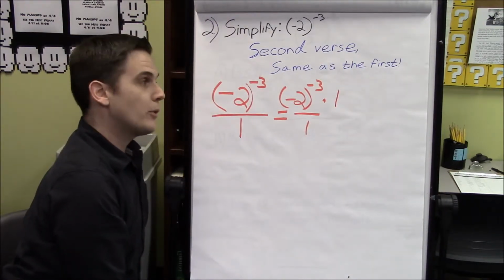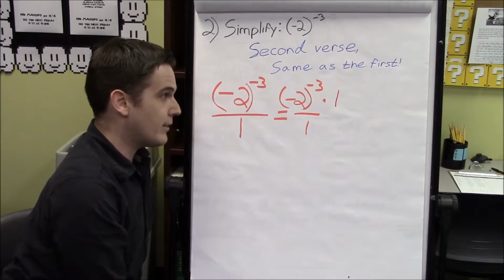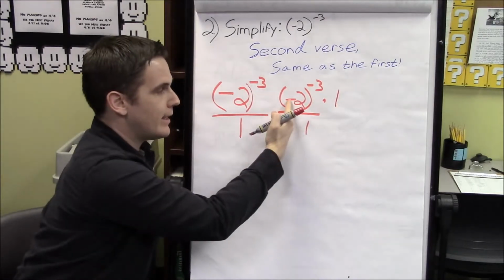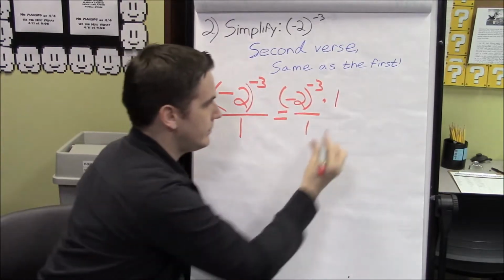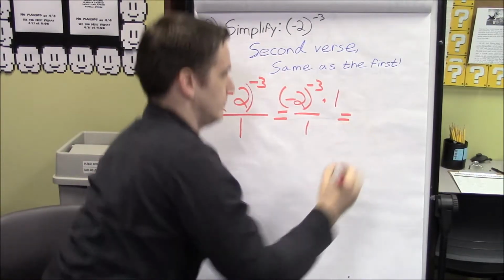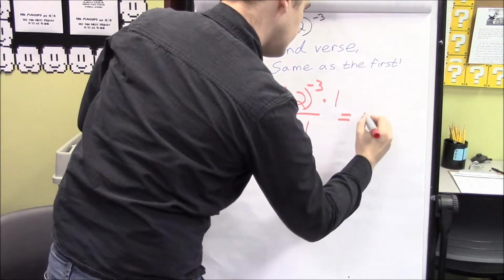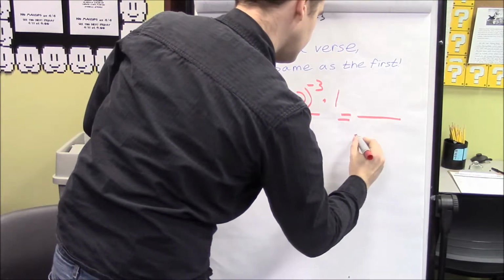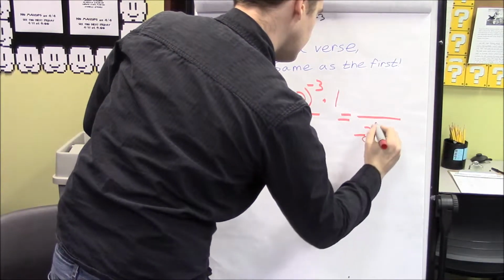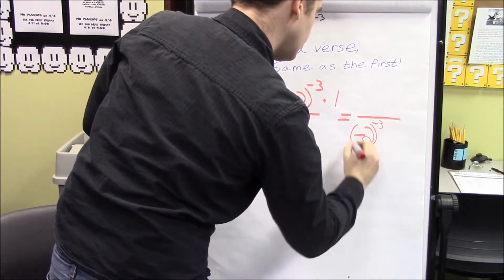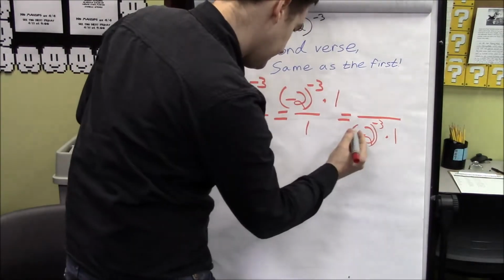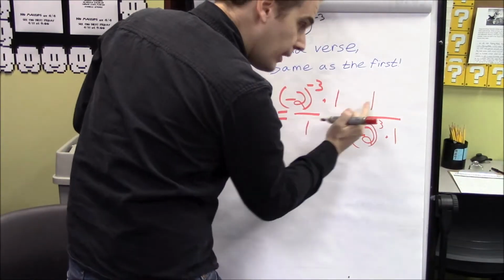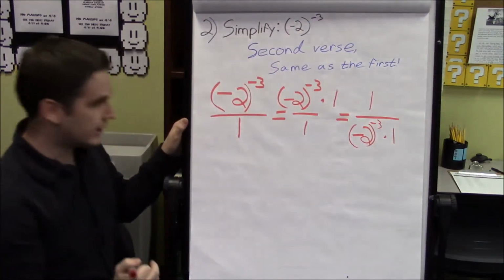Next step, flip any numbers that have a negative exponent. This is not tripping us up yet. We're not ignoring it, but it's just not relevant yet. And multiply whatever else might be there. This 1 is still there. It doesn't get lost.